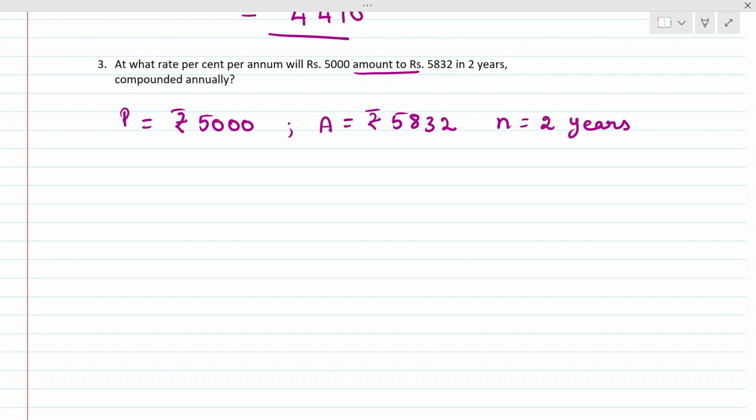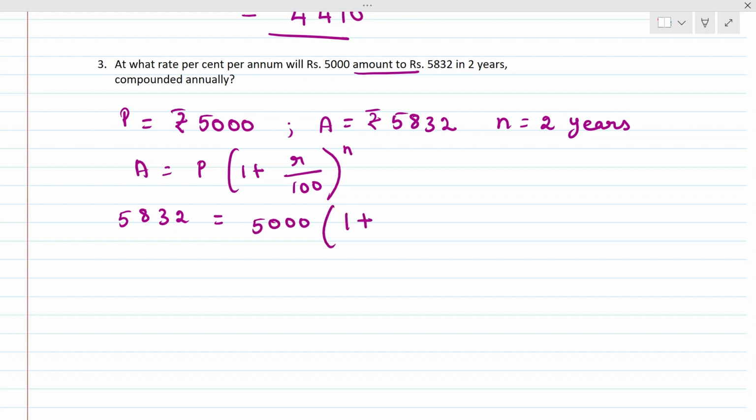So now the formula is amount equal to P into 1 plus R by 100 the whole power n. We know amount, that is 5832 equal to principal is 5,000 into 1 plus, we don't know R, so we keep it like that, R divided by 100 the whole power 2. N equal to 2.